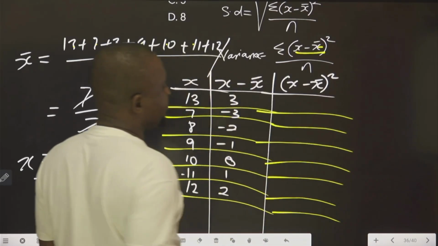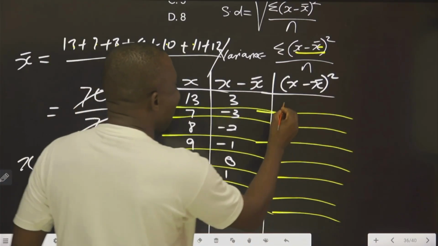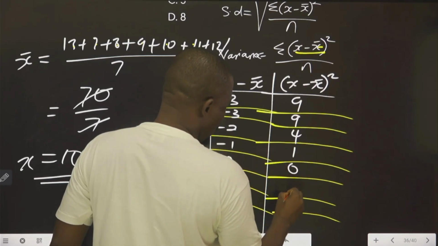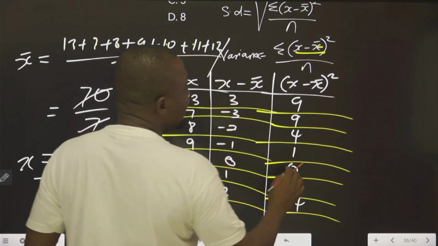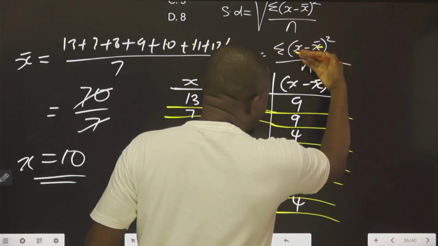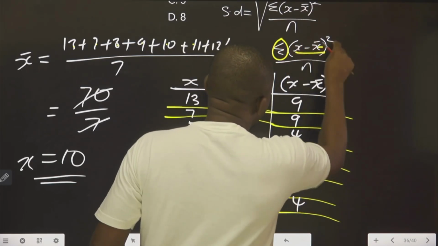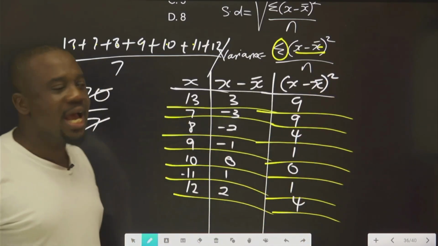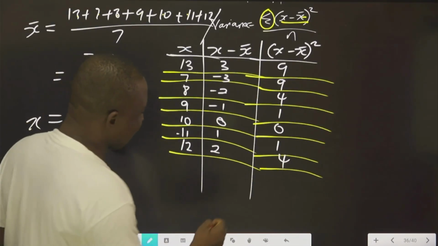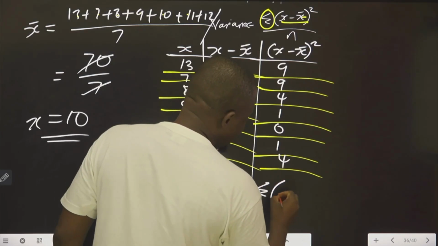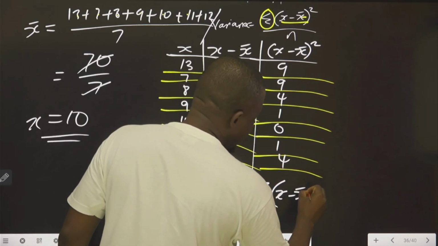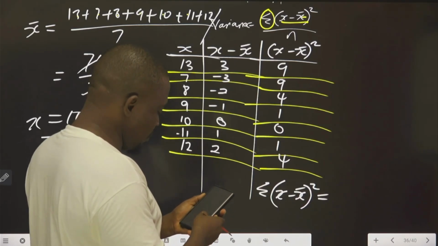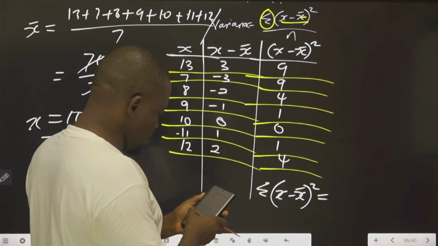Sorry for my rough hand. Square this, we have 9. This is also 9, 4, 1, 0, 1, 4. Now, this one means the summation of this, addition of everything here, that is, addition of all these guys, okay? Now we have to add them together. That means the addition of this is equal to 9 plus 9 is 18 plus 4 plus 1 plus 0 plus 1 plus 4.